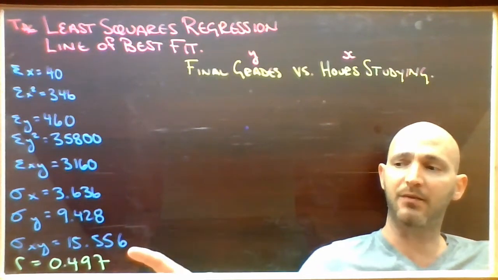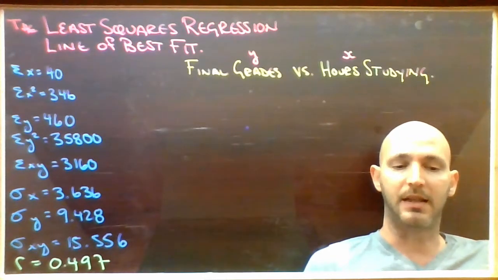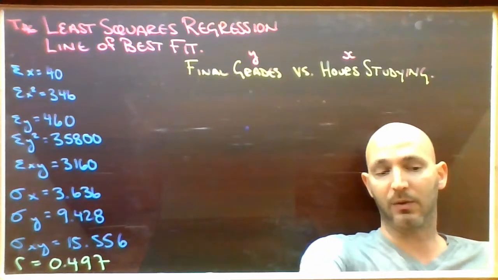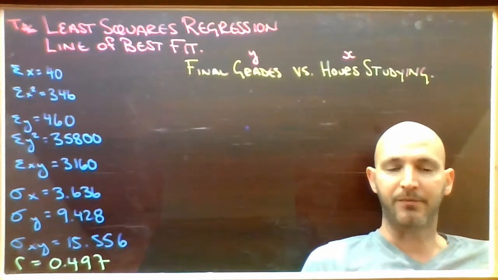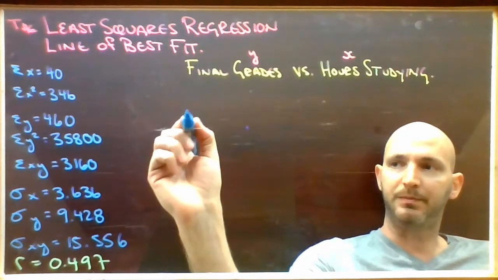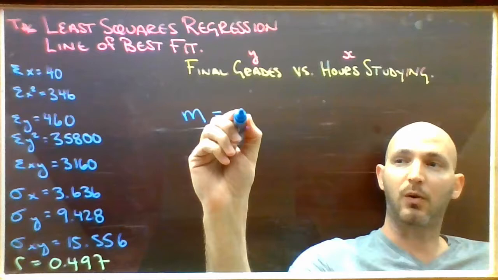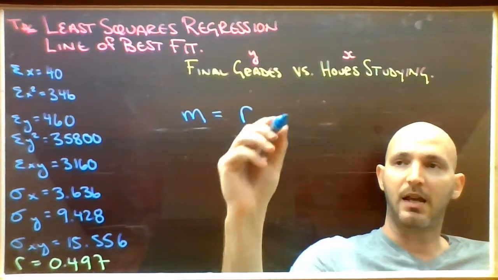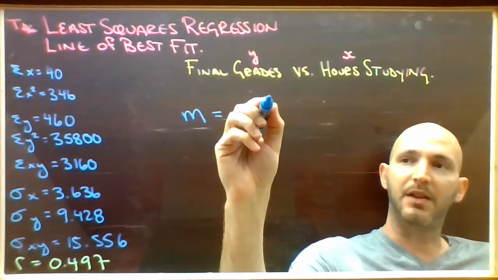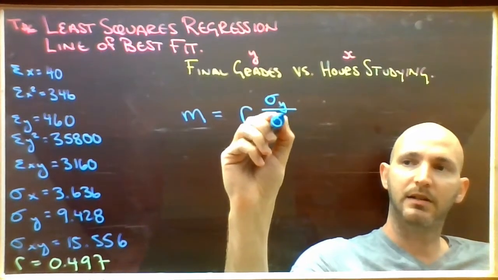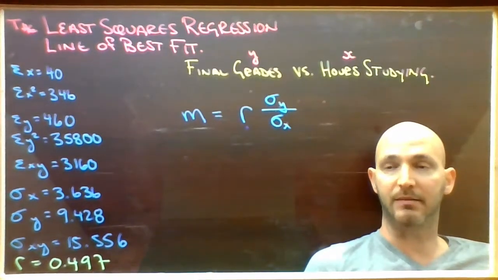So once we have this correlation coefficient, the next thing we need to work on is the slope of our line of best fit. So there is an equation for that. In order to get the slope, you need to take the correlation coefficient and multiply it by the ratio between the standard deviation of y and the standard deviation of x.